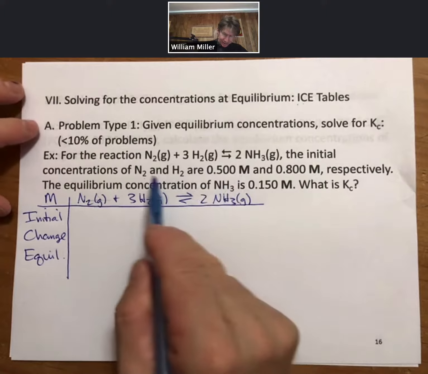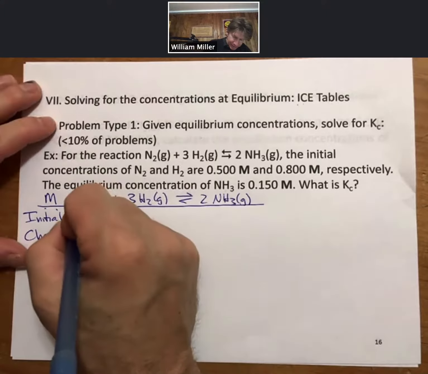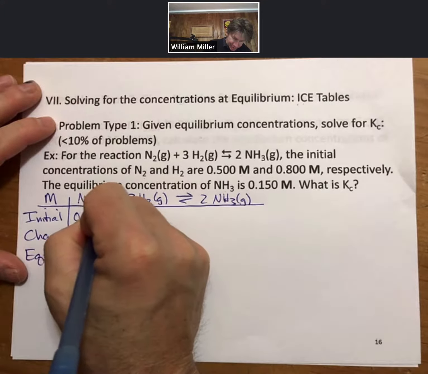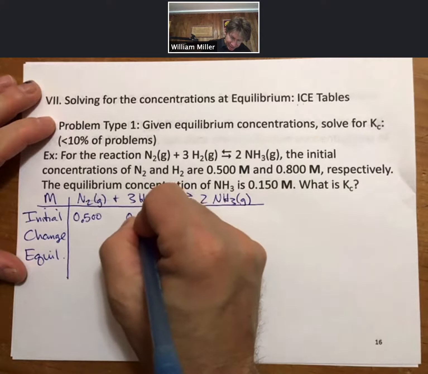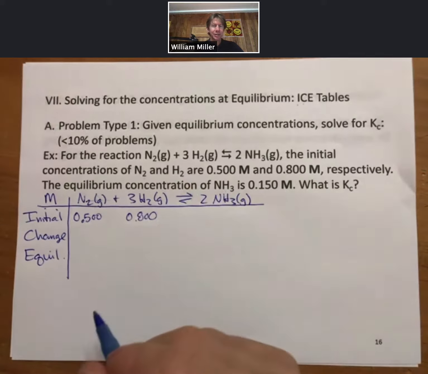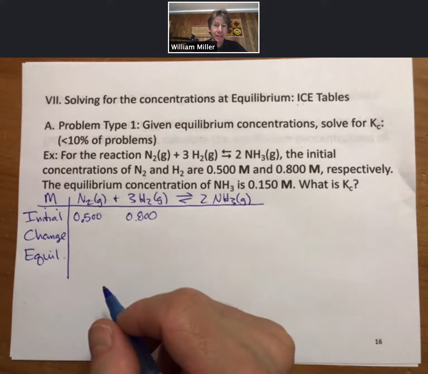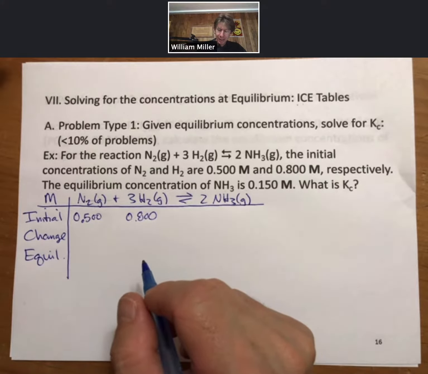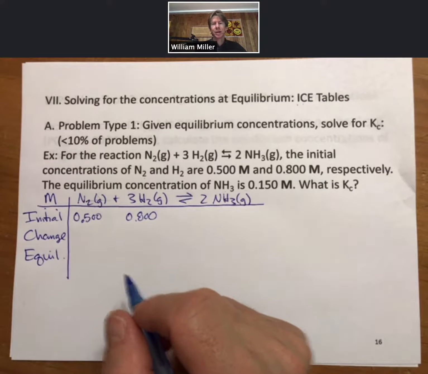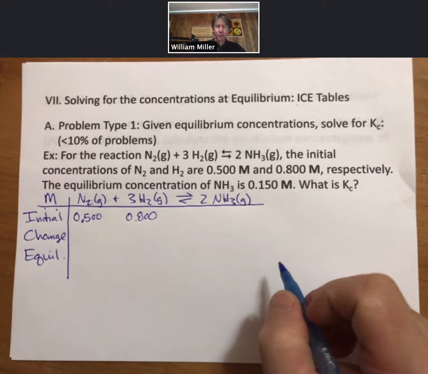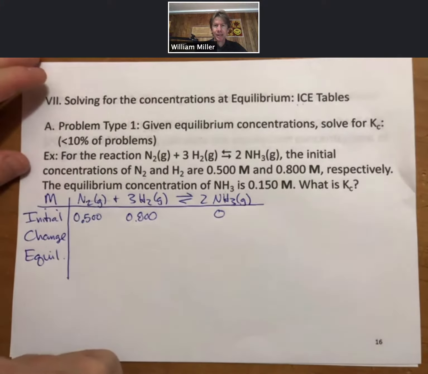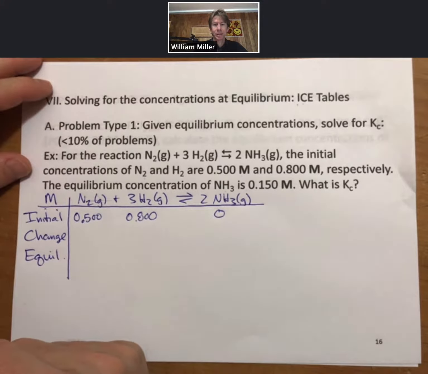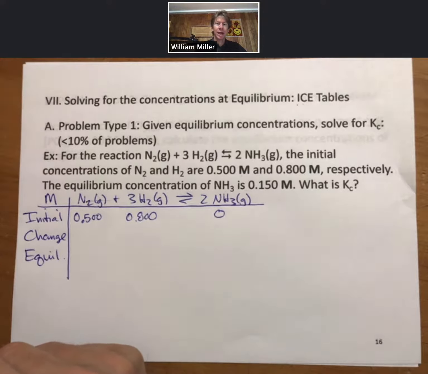Now it says the initial concentration of N2 is 0.500 and H2 is 0.800, and it doesn't mention anything about the initial concentration of ammonia. That's very typical for this kind of problem because you usually start with no product, and since it doesn't mention it, it's another clue that there's zero concentration, zero product.